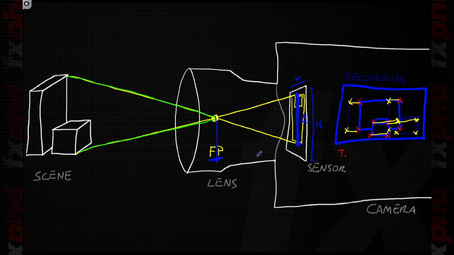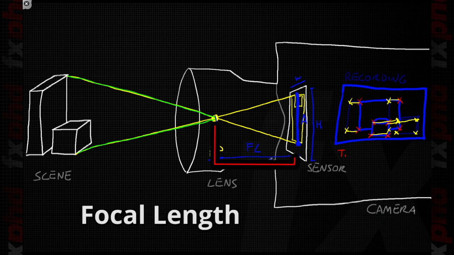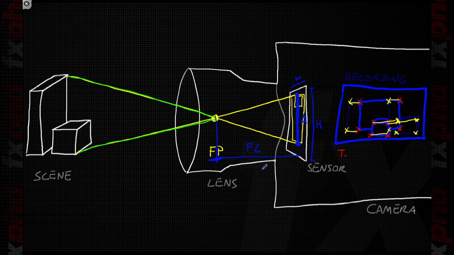And of course we know that because the distance between the focal point and the sensor is known as the focal length. And every lens has a specific focal length. So yeah, we know this distance as well. What can we do with this distance? Well, if we follow this axis, we can project a line from this focal point directly into the sensor.